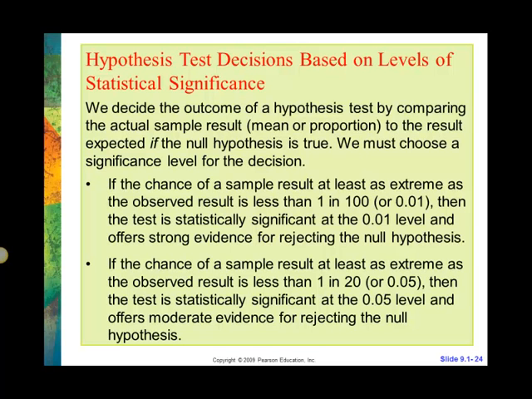So here, levels of significance. Now we know what we're going to do with those claims. How do we get there? Well, we look at the 0.01 level of significance, which is very strong, and the 0.05, which is a moderate amount of evidence. Okay, because remember, 0.05 is really 2 standard deviations away. 0.01 is 3 standard deviations away. So if we're more than 3 standard deviations away from the mean, we have very strong evidence.